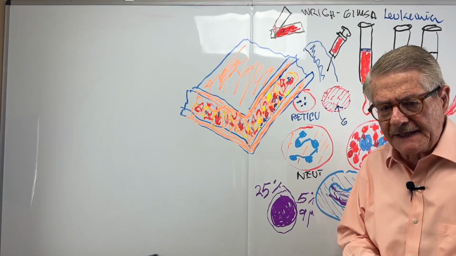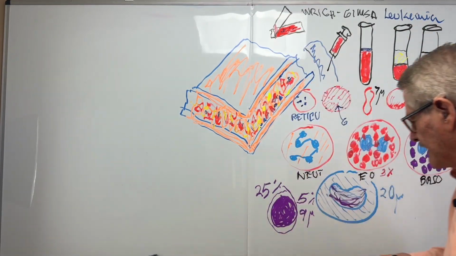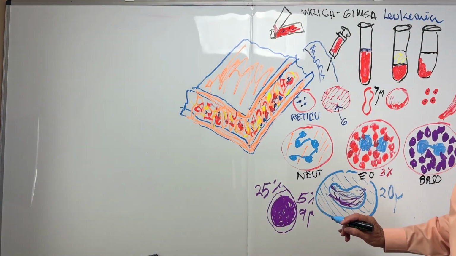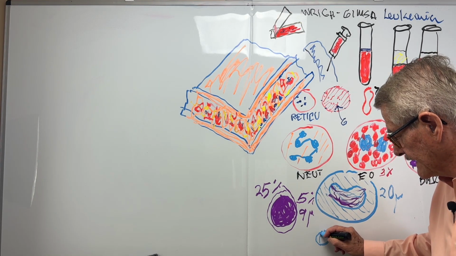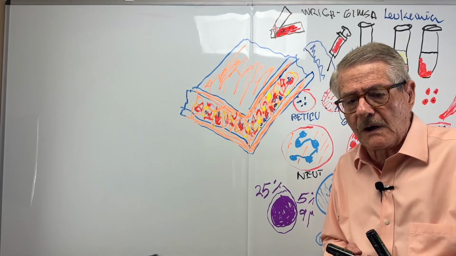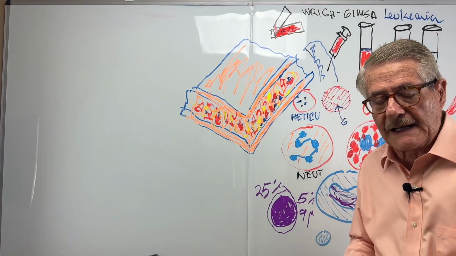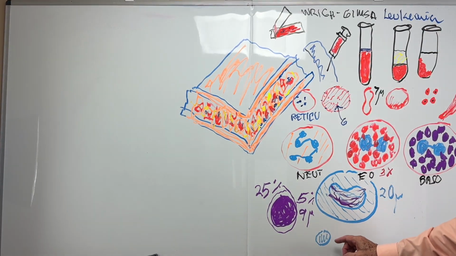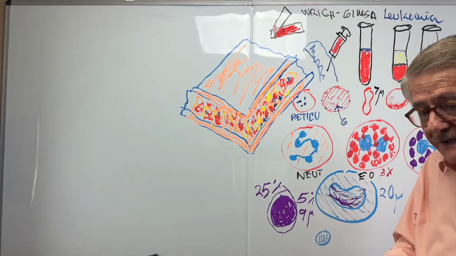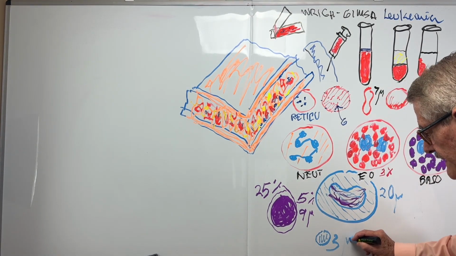Now the Cinderella of all these cells, I would put it right here, which is not a white cell, but it is a platelet. The platelet doesn't have a nucleus, but it has all the organelles, including mitochondria, that you will need. I drew it about this size because it is very small, about 3 microns.